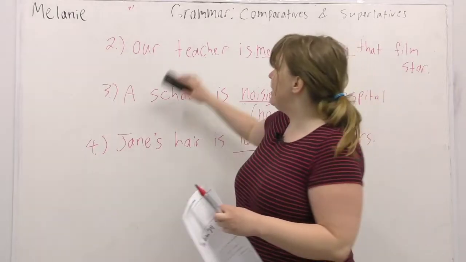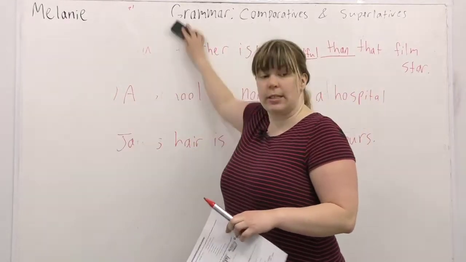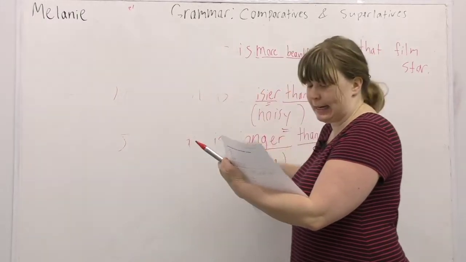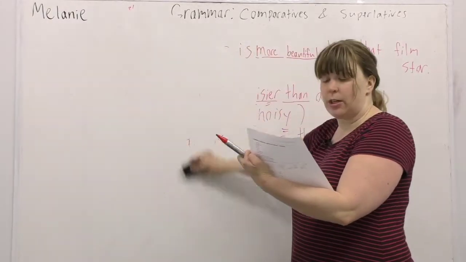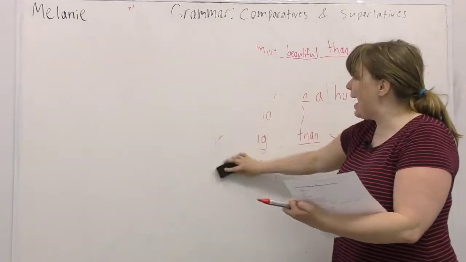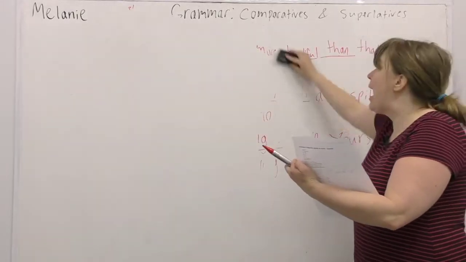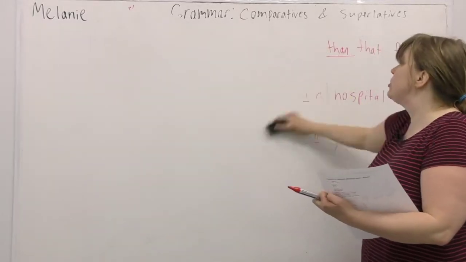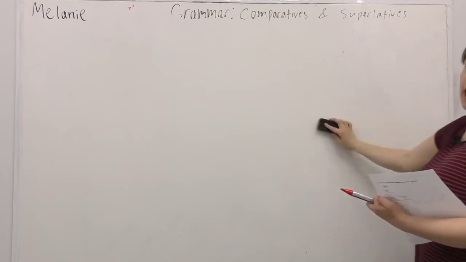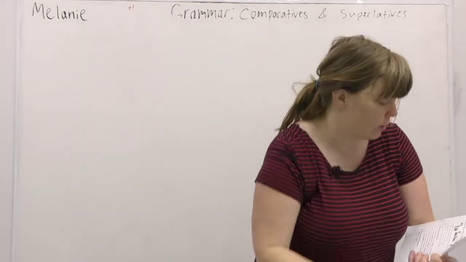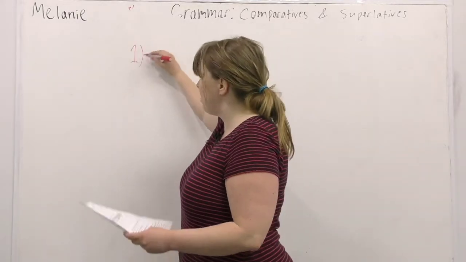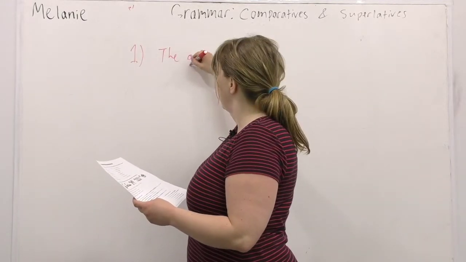So I'm going to erase all this stuff. Let's see, we got some pictures. Number 1. Okay, so we have to fix the order of the sentences, and we also have to turn the adjective into a superlative. So there's a lot of stuff we gotta do. As you can see, number 1, we have the girl.